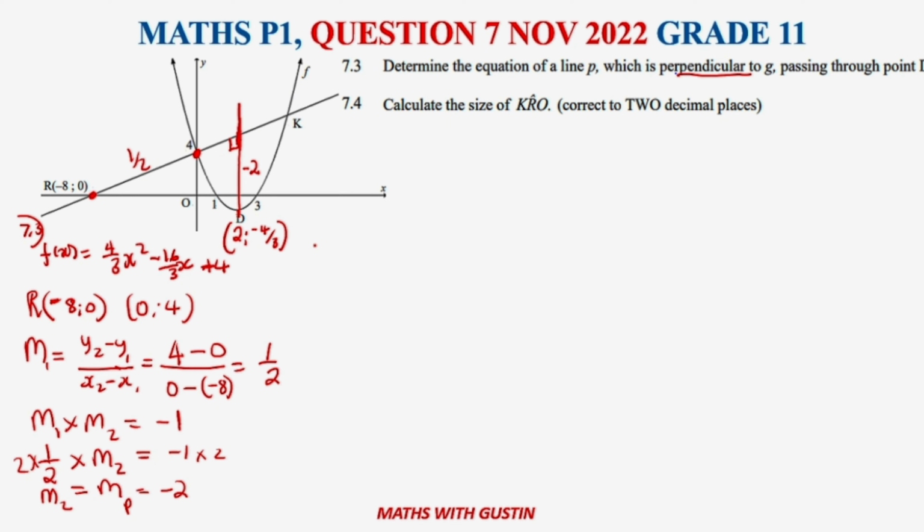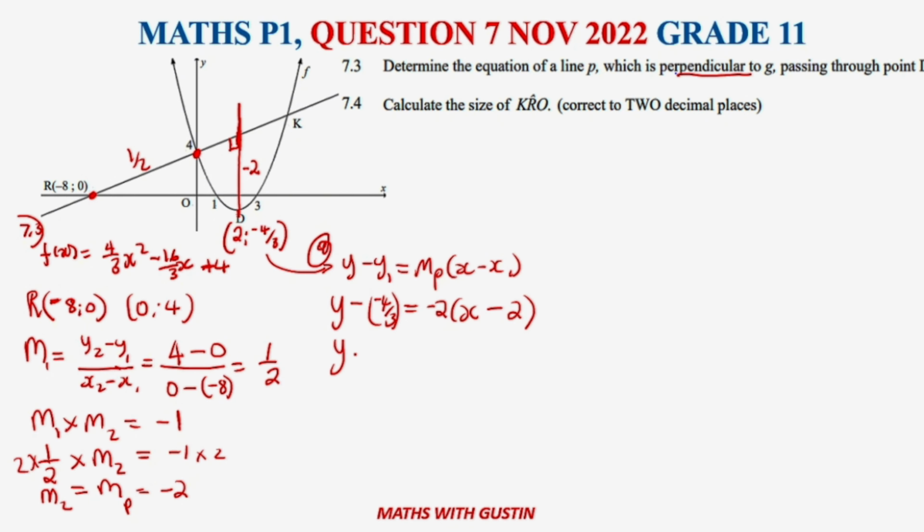It's passing through point D, so we can use point D to find the equation of P. So we come here and these are the coordinates, therefore we need this equation here. I like this equation, it just makes life easy when you have to find the equation of a straight line. y minus negative 4 over 3 equals the gradient negative 2 times x minus 2.